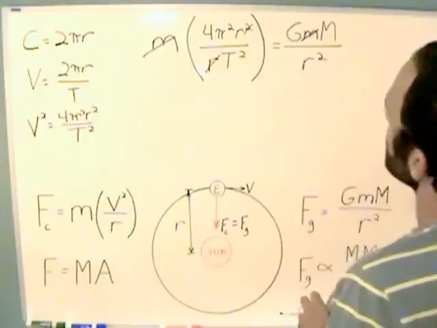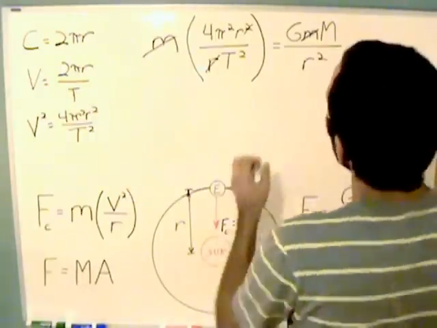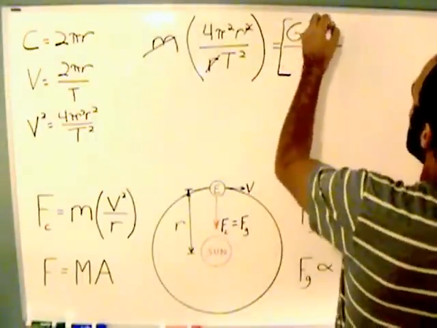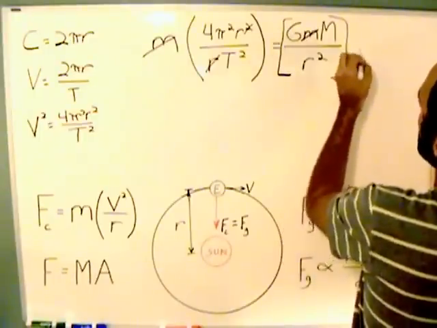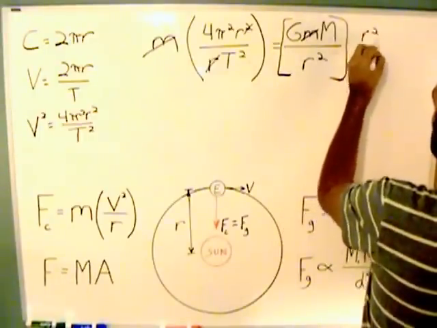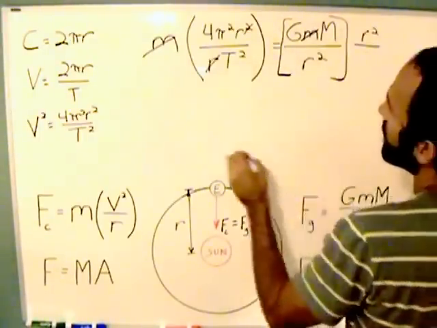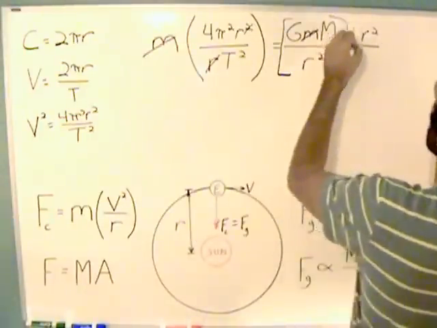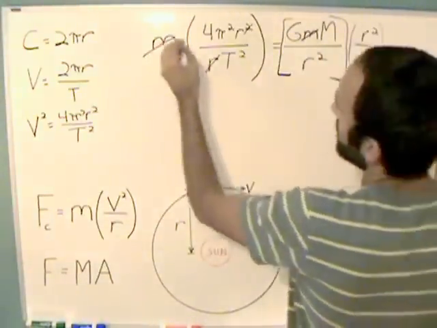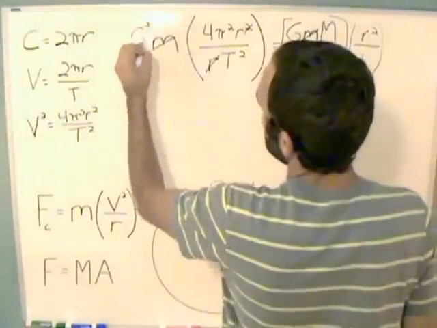To get r by itself, we multiply this side times r squared over 1, and this side times r squared over 1.